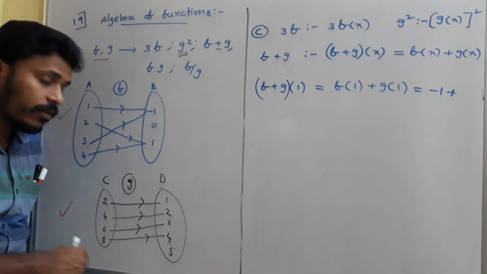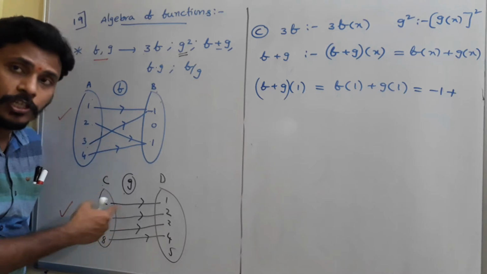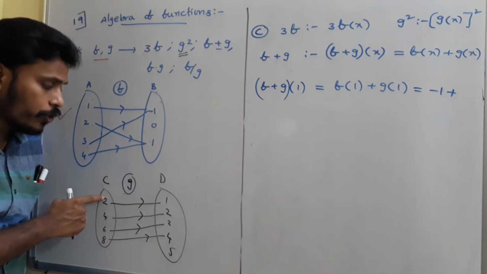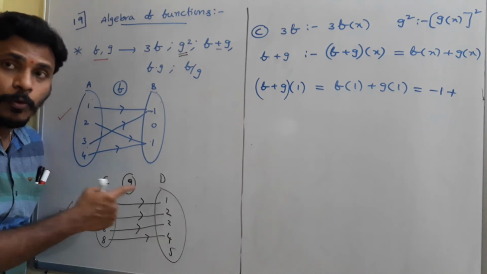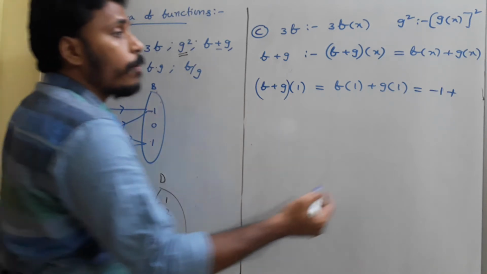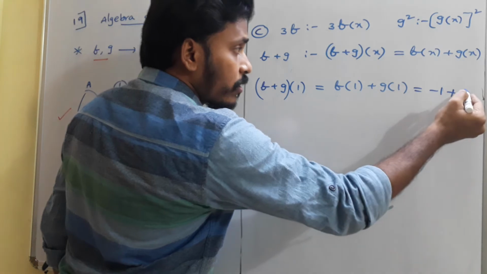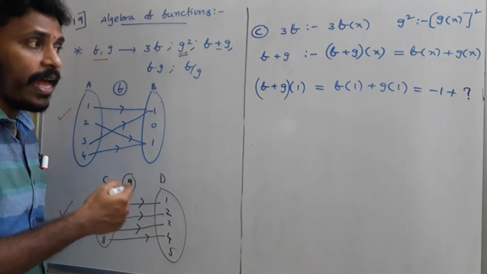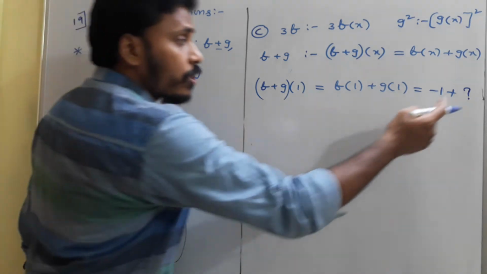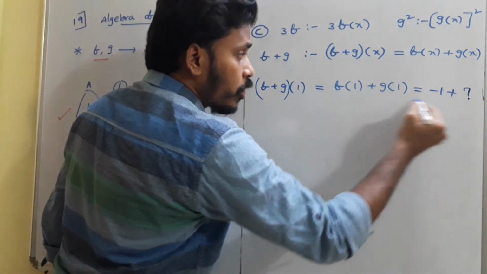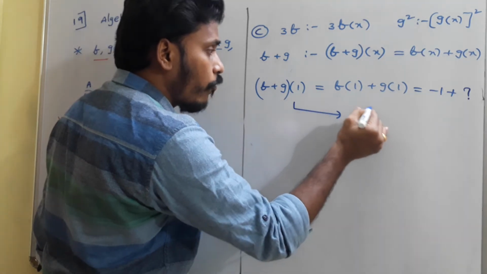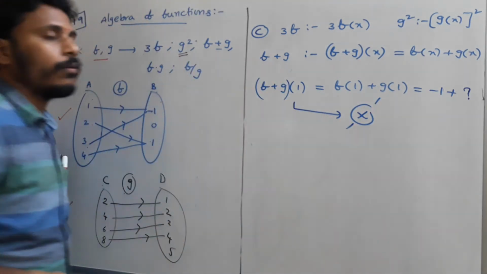But when you look at this function g, there is no 1 in the domain of g, so you can't get its corresponding image. Since we don't know that element, the addition of these two is not possible, and that's why (f plus g)(1) is also not possible.